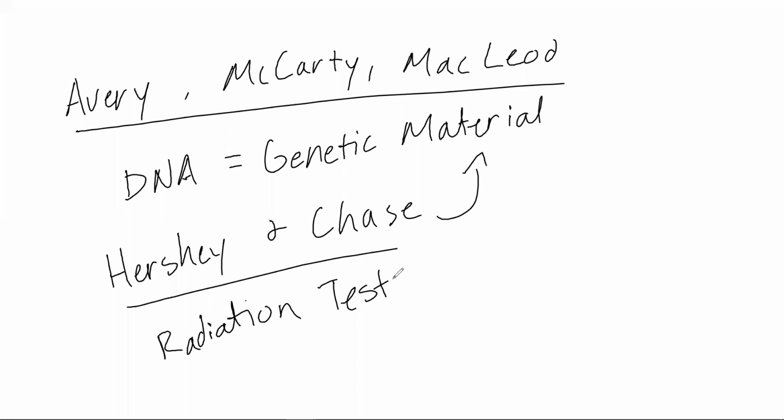If you don't remember what that test is, they used a radioactive isotope to mark the protein and another radioactive isotope to mark the DNA. They discovered that the radioactive isotope that marked the DNA was the only thing that stayed in the bacteria infected with the bacteriophage, so they were able to conclude that DNA is genetic material.